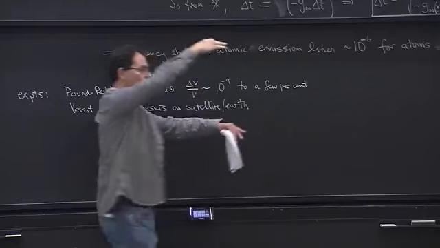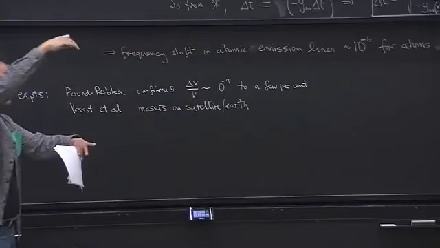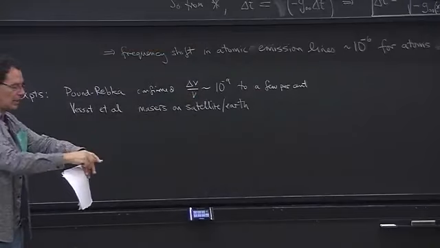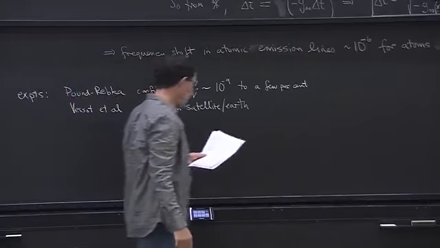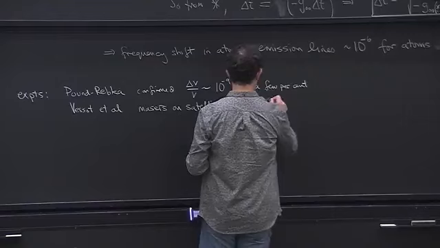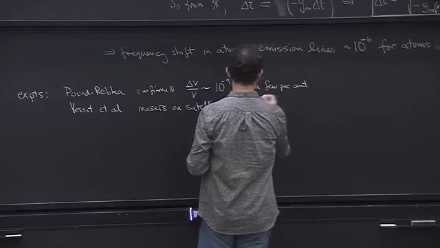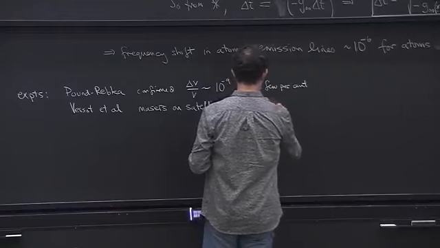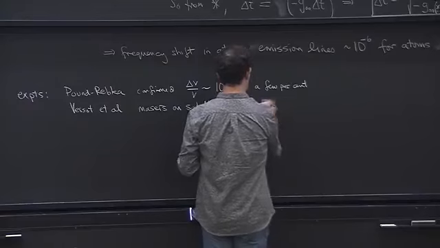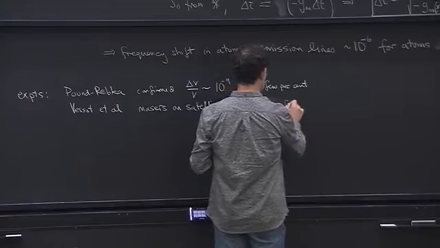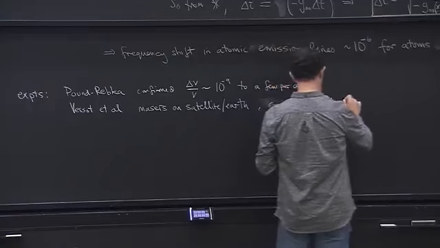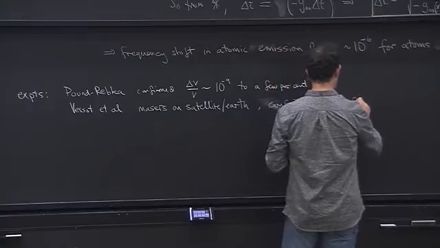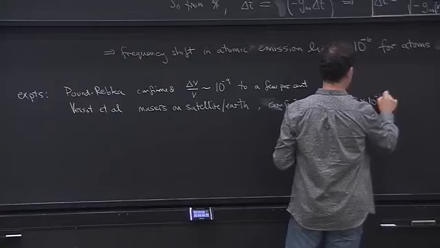They used the Earth's gravitational field, with a maser in space shining down to the lab and compared with a maser in the lab. And they confirmed GR to around 2 times 10 to the minus 4.